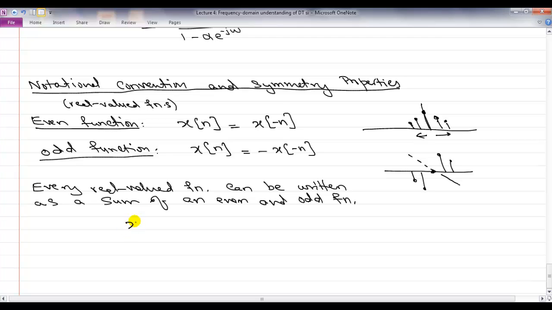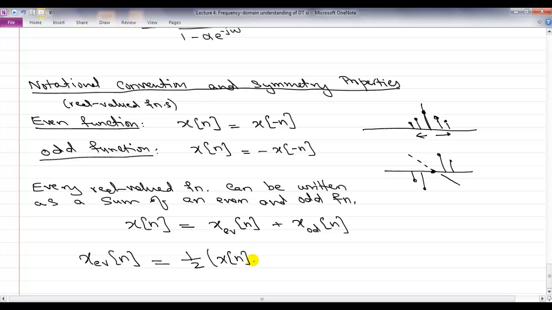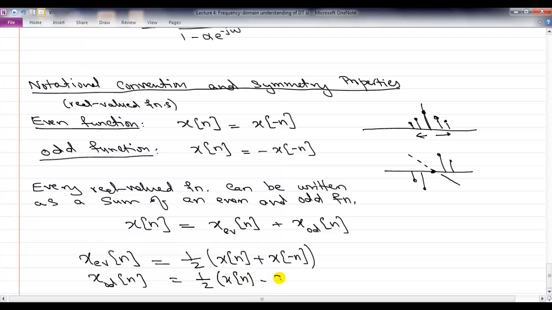So if you are given a sequence x[n] or function, you can always write that as an even part x even[n] plus odd part x odd[n]. The way to define this is you can define x even[n] equal to half of x[n] plus x[minus n], and x odd[n] is equal to half of x[n] minus x[minus n].